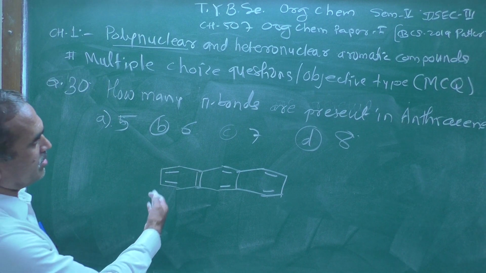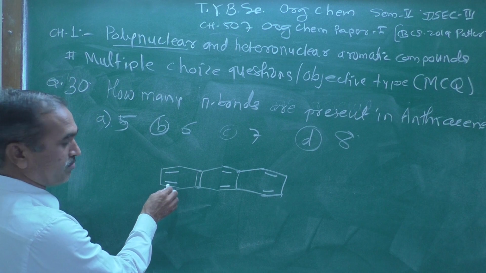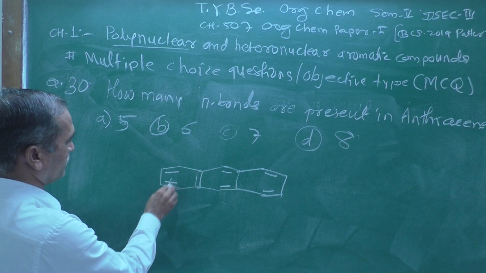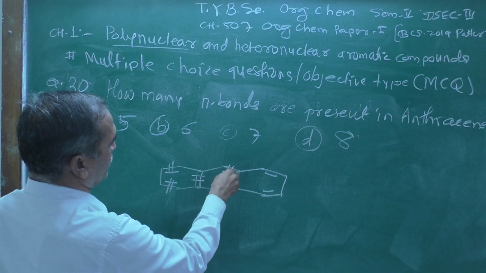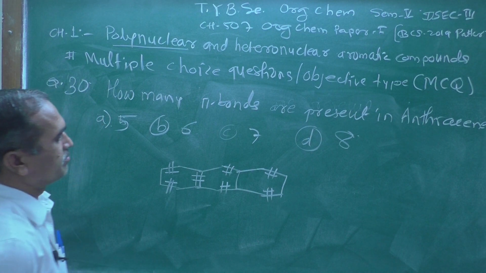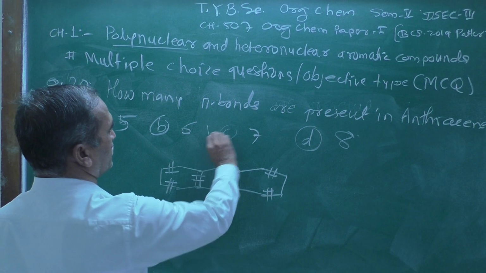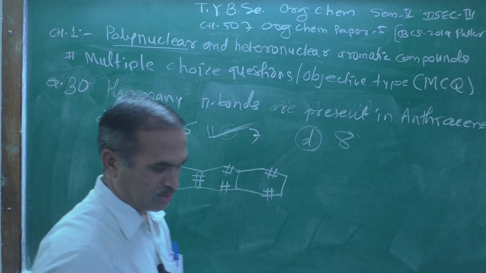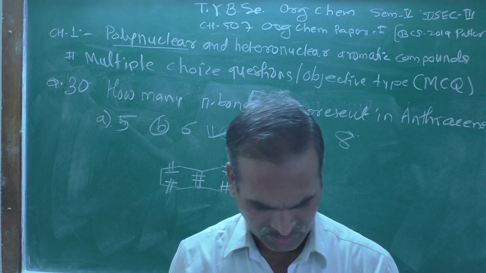So just count the number of pi bonds here. I am starting from here, 1, then 2, 3, 4, 5, 6 and 7. So C would be the correct option over here. This is the answer of this question.